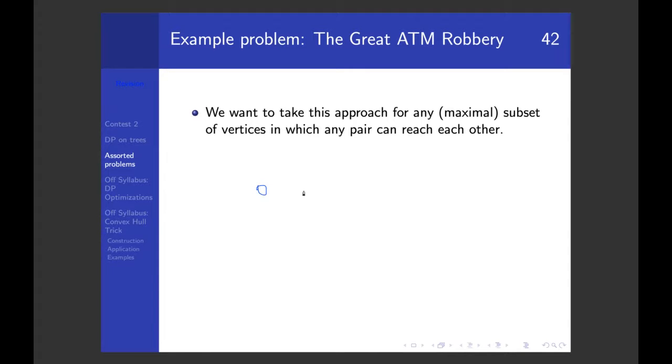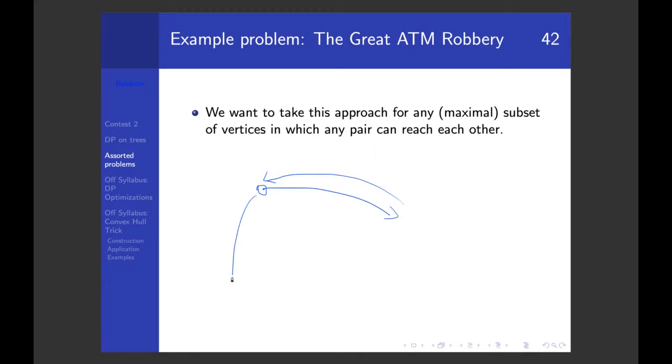In other words, any vertex where we can walk to that vertex and then walk back to our node here, we might as well take, because we can go to that vertex, take the money, and come back here. And because we finished where we started, we didn't shut off any paths that we otherwise could take. So that's optimal to do.